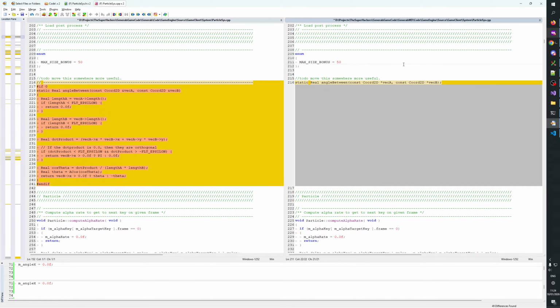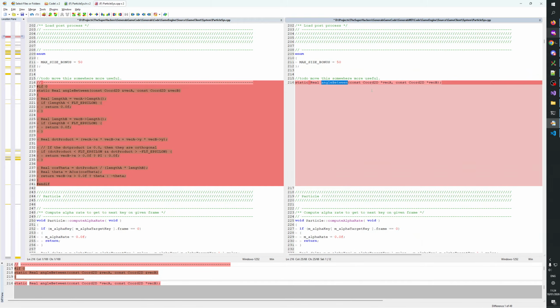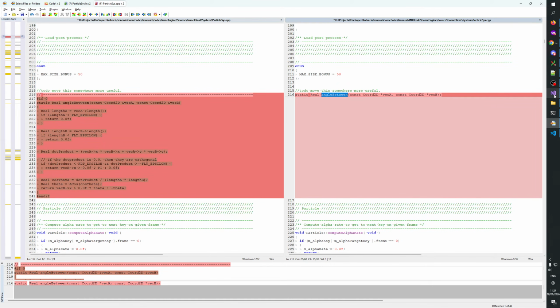Angle between. Move this somewhere more useful. Angle between. What about this?